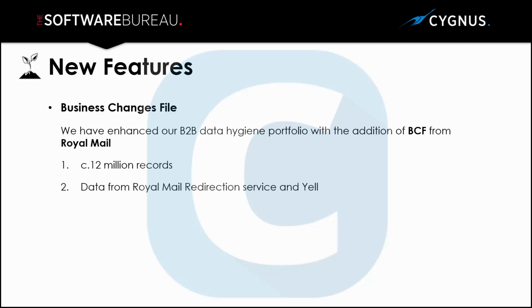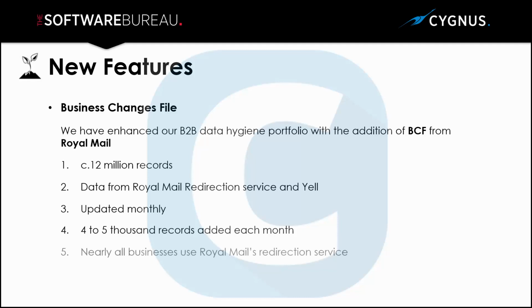Data from Royal Mail Redirection Service and YEL, so good solid sources of data. It's updated monthly, unlike BSF, which is updated quarterly, as I'm sure you're aware. 4,000 to 5,000 records are added each month, and nearly all businesses use Royal Mail's redirection service. That's worth noting. And finally, one business moves office every 6 minutes. So again, something to bear in mind when talking to your clients about B2B data cleansing.